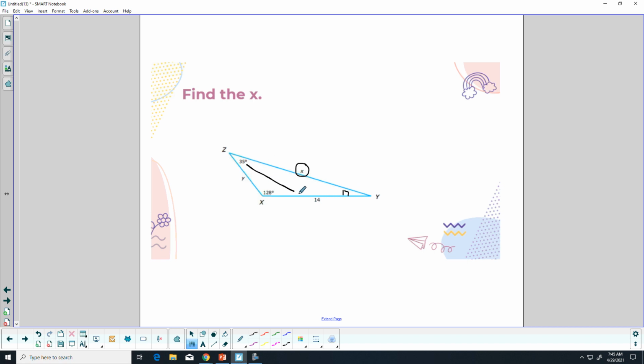So my first ratio is going to be right there, and that'll be 14 over the sine of 35 equals x over the sine of 128. I'm going to cross multiply. So the sine of 128 times 14 divided by the sine of 35, and I get 19.2.